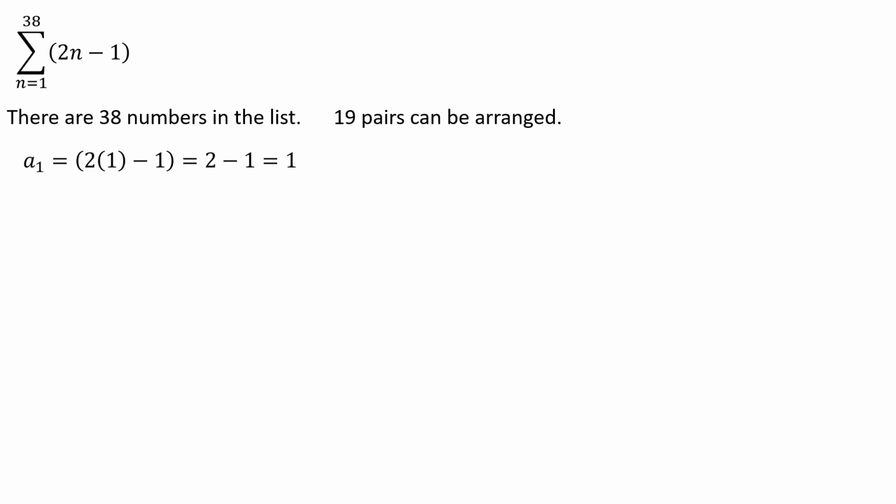Well, for the last number, I better plug in that 38, because there's 38 numbers in the list. So 2n minus 1 becomes 2 times 38 minus 1, and so that becomes 75.